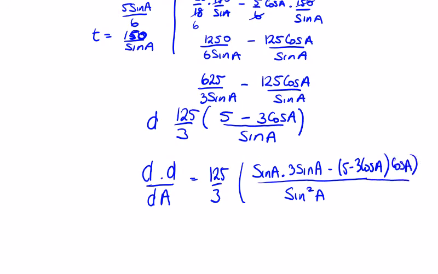So a quite elongated looking differentiation question. Part A here was worth 15 and part B was worth 10. So one of those questions where the marks are not evenly distributed. Now, can we simplify this down?